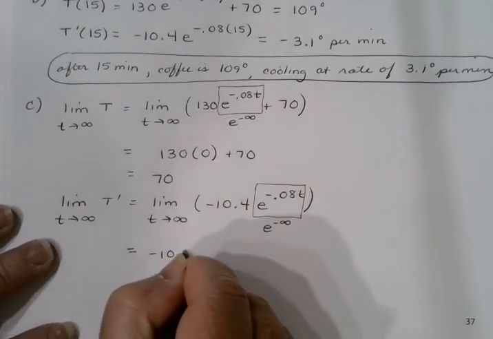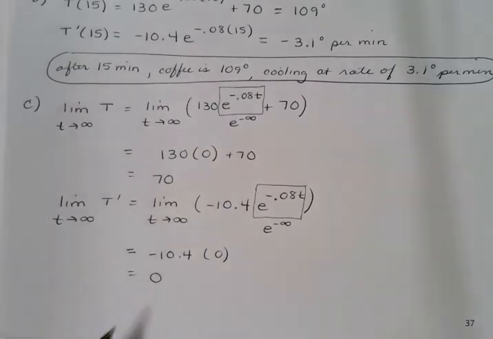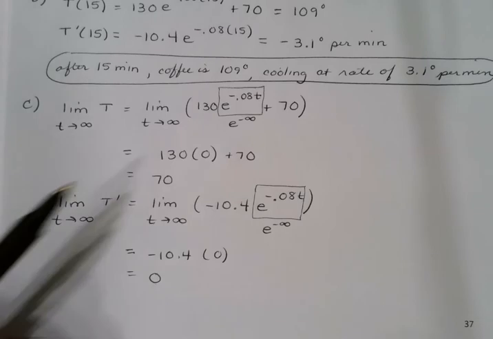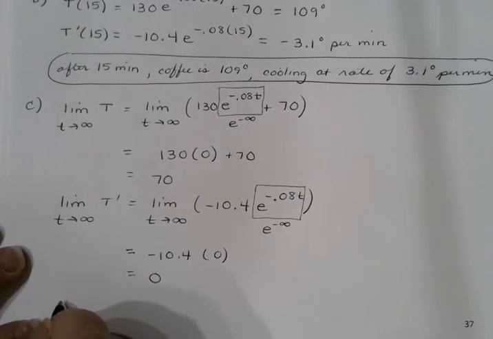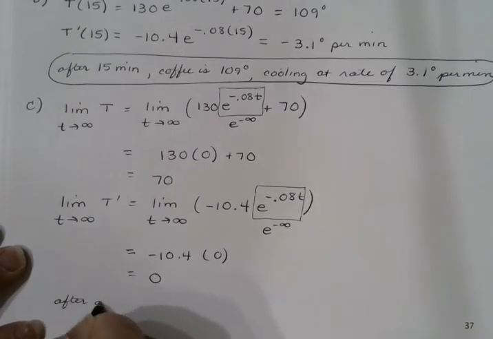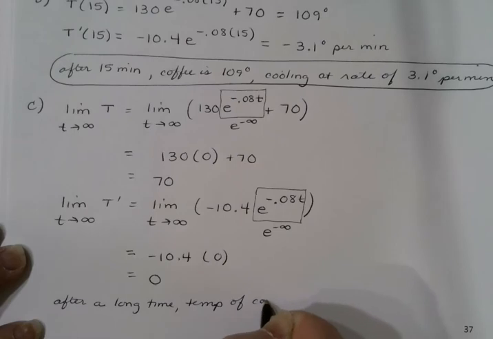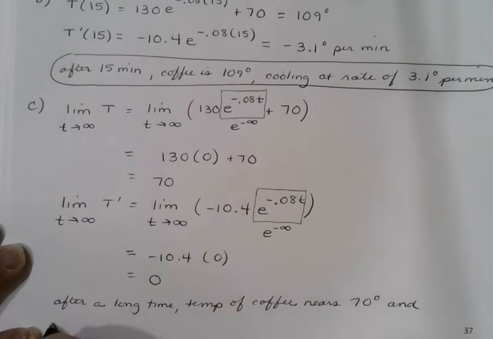I have negative 10.4 times 0, or 0. So the temperature is no longer changing. The rate of change of temperature is now 0, which makes sense if the coffee's kind of leveled off in temperature at 70 degrees. So we would say after a long time, the temperature of the coffee nears 70 degrees and is no longer changing.